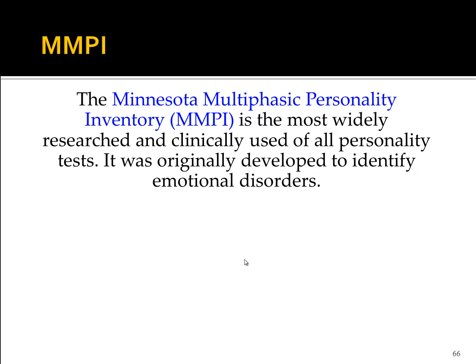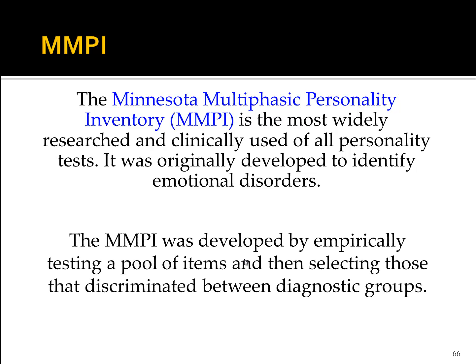And from there, they developed certain behavioral statements that went with certain disorders, put all those behavioral statements into a psychological test, which has better than 550 items on it. And based on your scoring across those 550, we come up with a psychological profile.